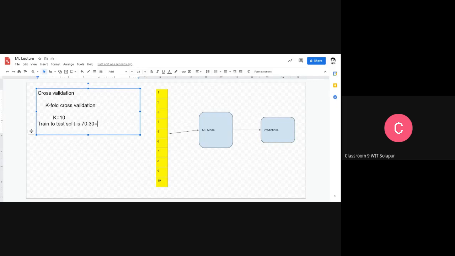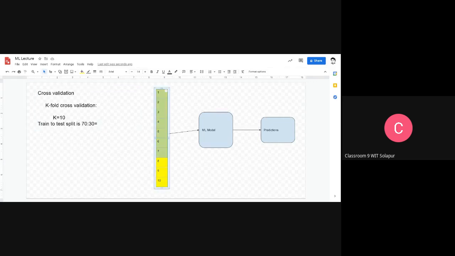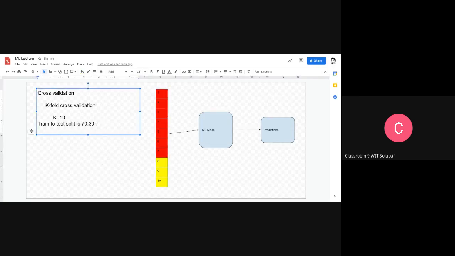This first 7 parts will be used for training and the remaining 3 parts will be used for testing, right? Now you understood what is the meaning of k-fold, and you also understood the meaning of the 70 is to 30 data split.